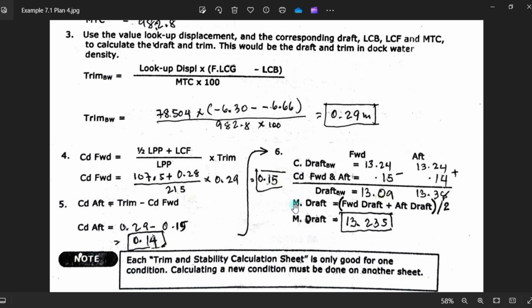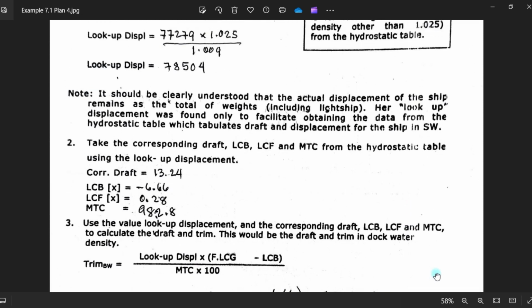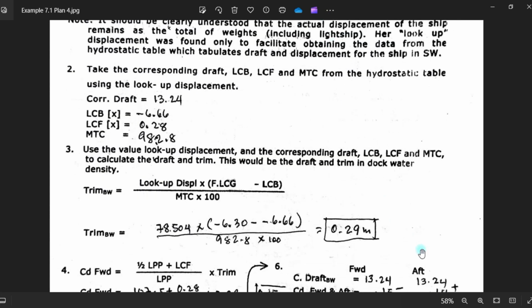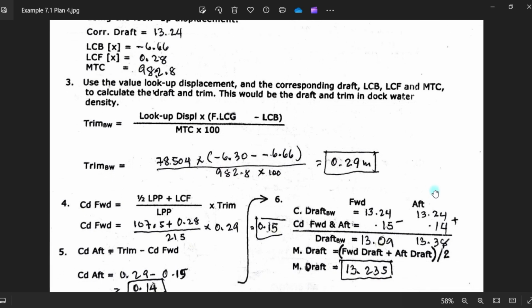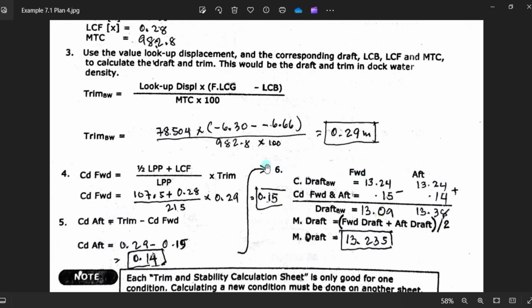Since you are trimmed by the stern. Why? Because your final LCG is behind the LCB.